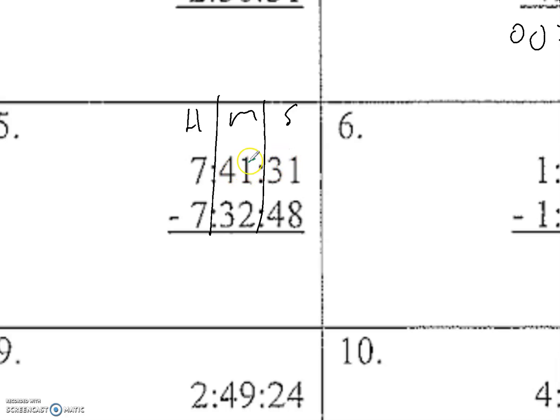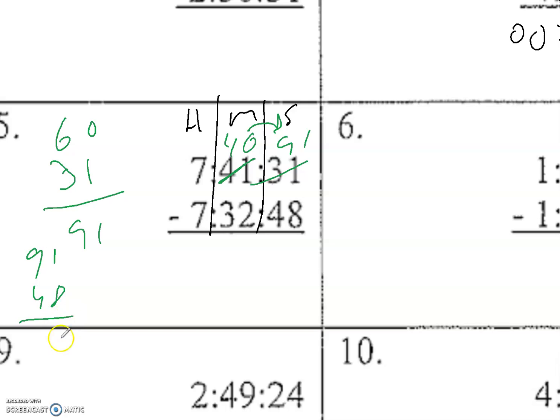So I must borrow from 41. I'm going to cross it out and make it 40. Cross this line, I have to add 60 to my 31 because I'm borrowing 60 seconds, so that makes 91. So 31 becomes 91. All right, 91 minus 48. Again, basic math. This is where you could use a calculator.